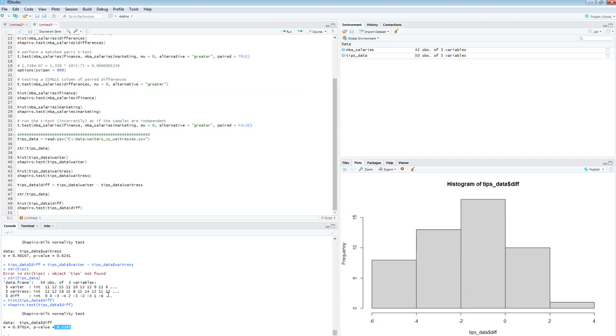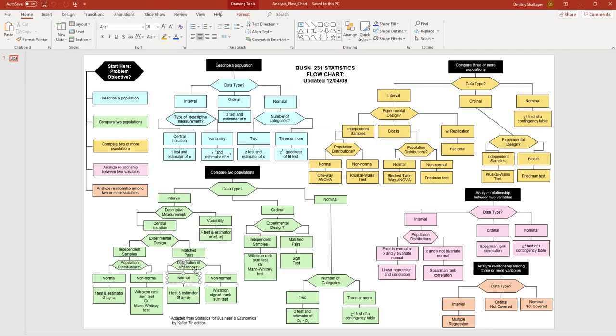I take one column which is not normal, subtract another column which is normal, and the result is actually normally distributed. You never know. Alright, so now we can proceed, right? So the answer to this question, difference is normal, yes, and therefore I can use matched pairs t-test for mu1 minus mu2. But what exactly am I testing, right?